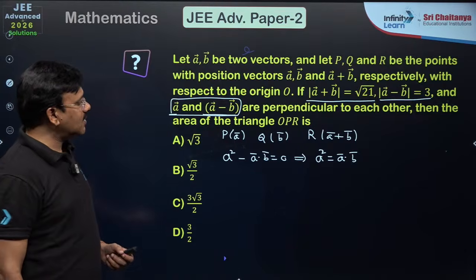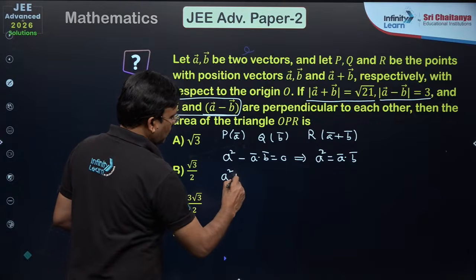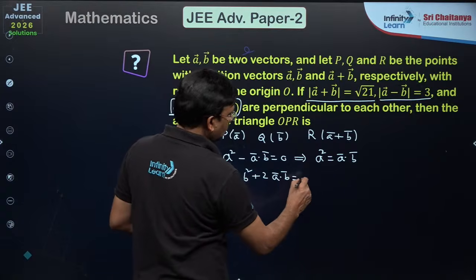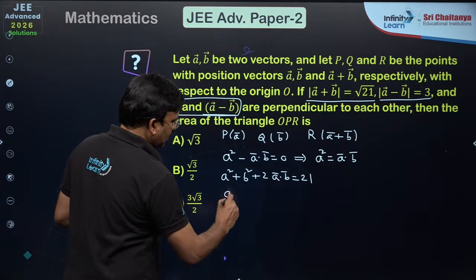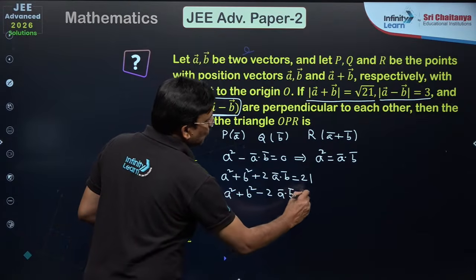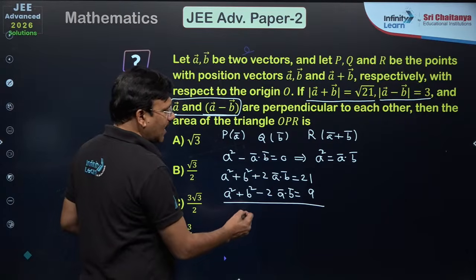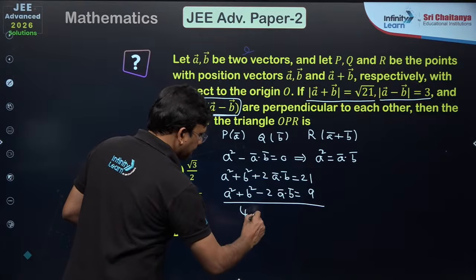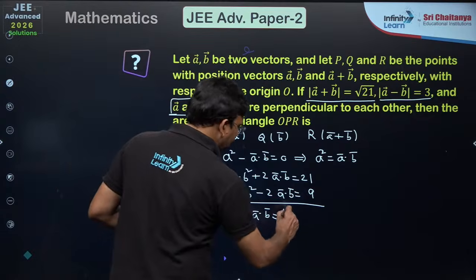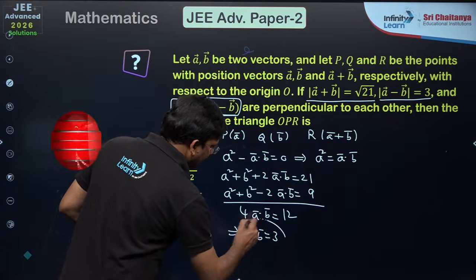Then next, you just take square on both sides. This becomes A square plus B square plus 2A dot B is equal to 21, and A square plus B square minus 2A dot B is equal to 9. If you subtract, 4A dot B is going to be 21 minus 9, which is 12, and hence A bar dot B bar will become 3.